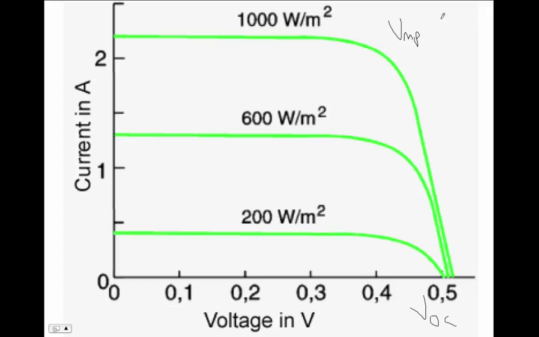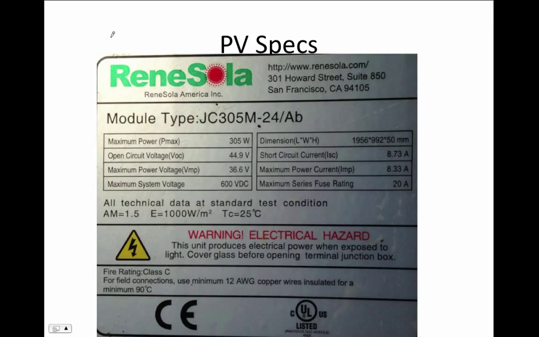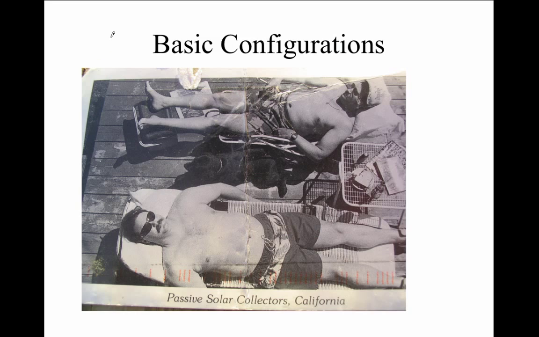And you'd have I maximum power. And you'd have I, or the current, short circuit. And most every solar panel has this written on the back of the panel so that you can know what the characteristics of that panel are.